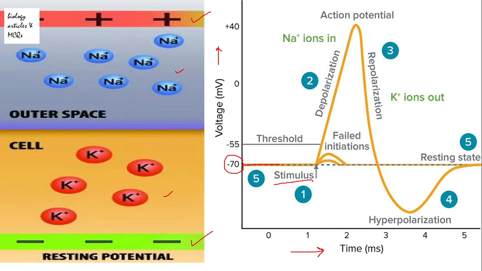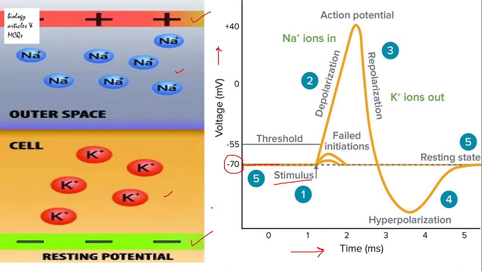So whenever we receive a threshold stimulus, it can be any touch stimulus or cold or heat stimulus, then the charges across the plasma membrane of the neuron will reverse. Means the outside of the membrane will become negatively charged and the inside of the membrane will become positively charged. But it will not change in a very fast manner.